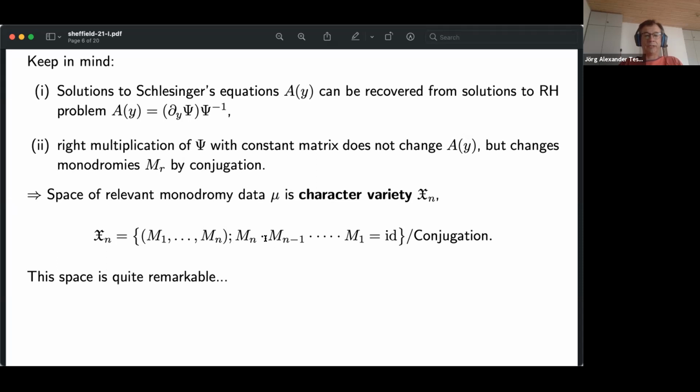So in essence, of course, there are n-1 independent such matrices generically that we are interested in. But collections of these n-1 matrices are identified if and only if they are related by this overall conjugation.